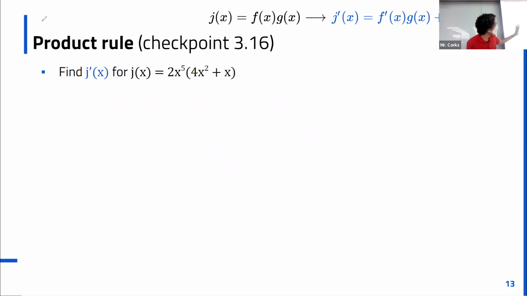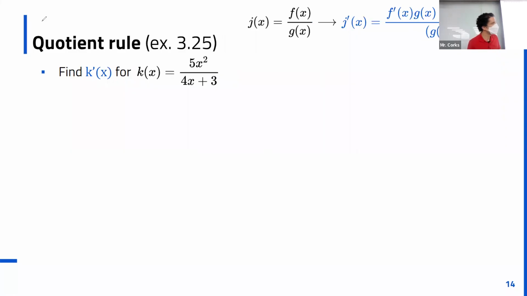For sake of time, I'm going to skip over quotient rule, so I'll just very briefly show it. Quotient rule is very similar, but on the top we subtract instead of adding, and then we have to divide the whole thing by the bottom part squared.